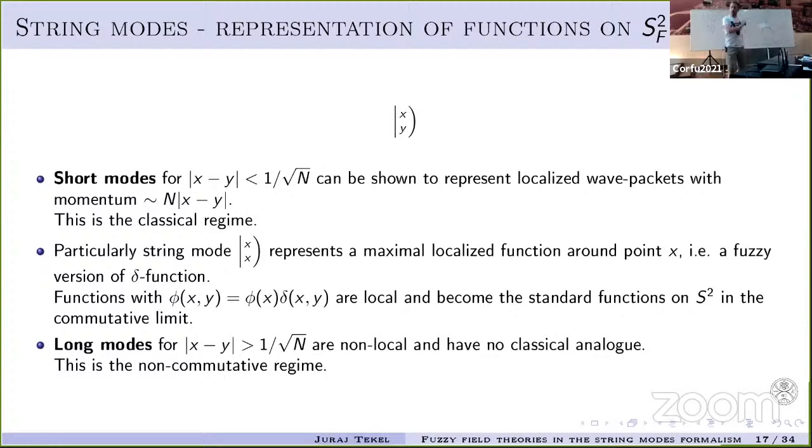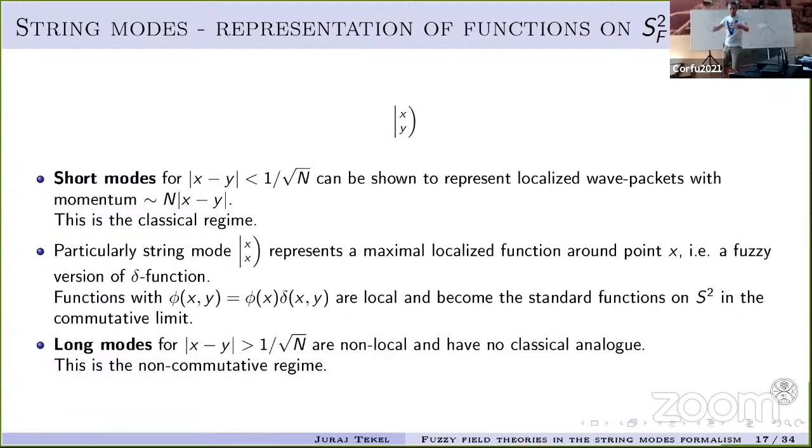Regarding the string modes, you can obviously ask a very natural question: what happens if you take x and y to be so close to each other that, from the fuzzy sphere point of view, there should be no distinction between the two points, i.e. the difference is smaller than this?